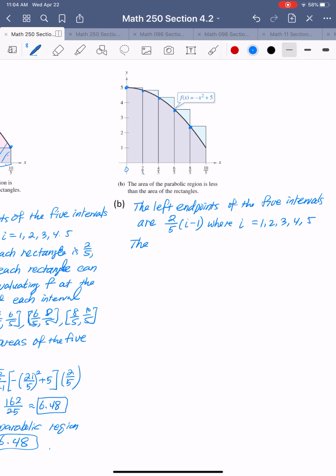So the width of each rectangle is the same as what we have.